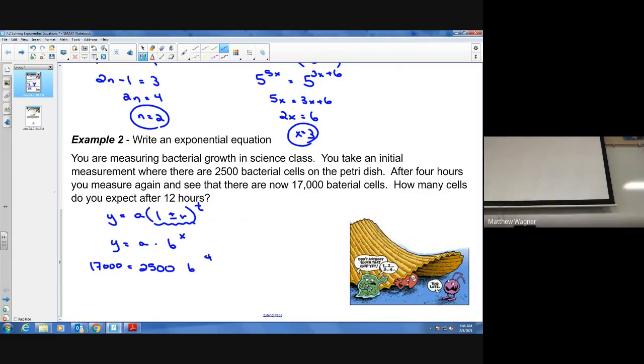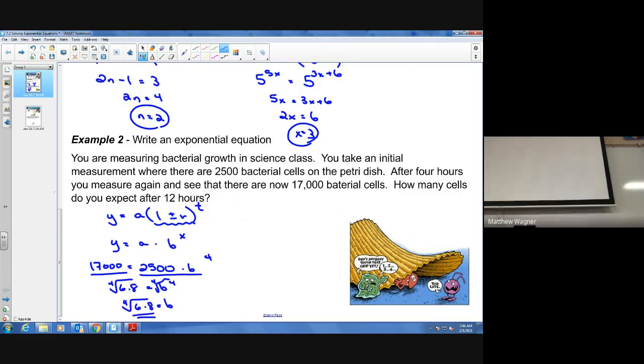We do know how to solve. We're going to divide both sides by 2,500. We want to isolate that power. We're going to get 6.8 equals b to the fourth. You're going to ask yourself, how do I undo a fourth power? Well, I undo it with a fourth root. I'm going to wind up with b is the fourth root of 6.8.